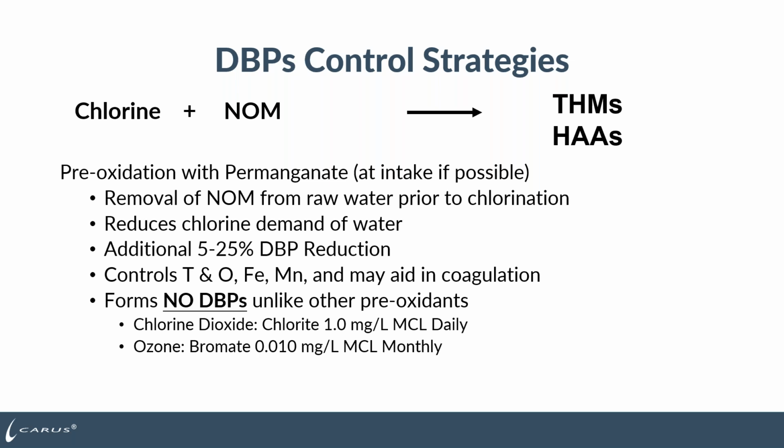So if you do choose a different pre-oxidizer at the front of the plant, chlorine dioxide or ozone, there will be additional disinfection byproducts that you have to test for, whether on a daily or a monthly basis, to make sure that they don't get out into the system. And you'll still have free chlorine at the back of the plant that you'll have to do that testing on a quarterly basis.